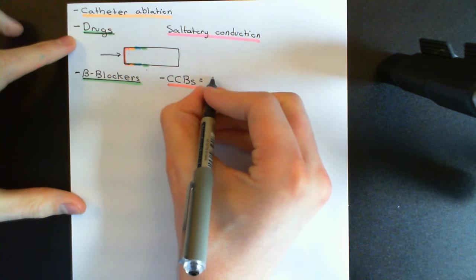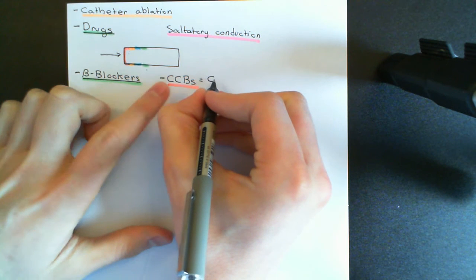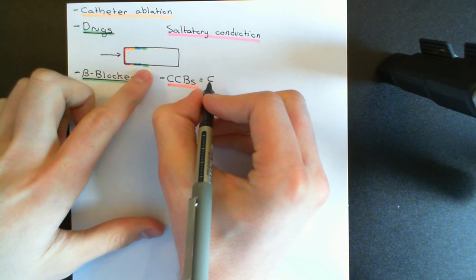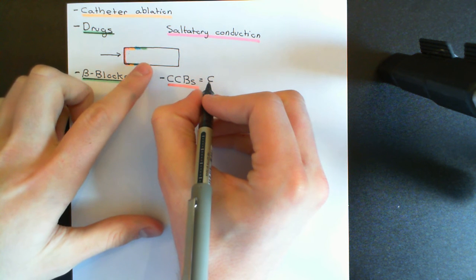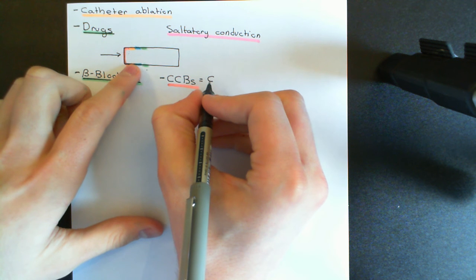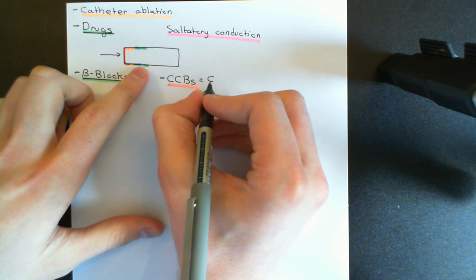So in order to explain how CCBs actually result in slowing of the conduction of the action potential along atrioventricular node cardiomyocytes, we're going to have to study the action potential of AV node cardiomyocytes in a little bit more detail, at a level of detail that people don't usually talk about.